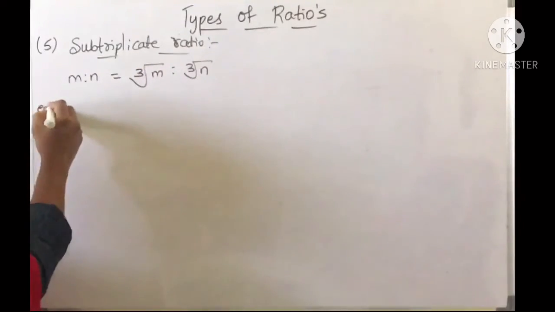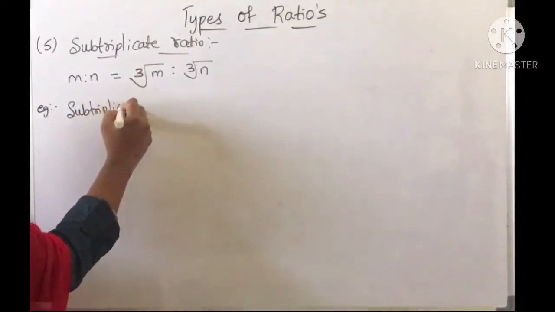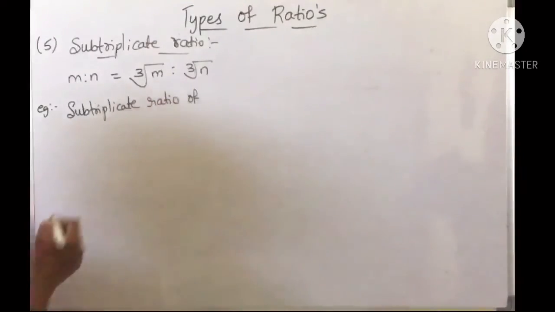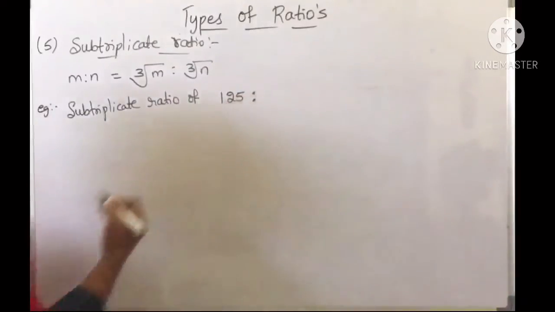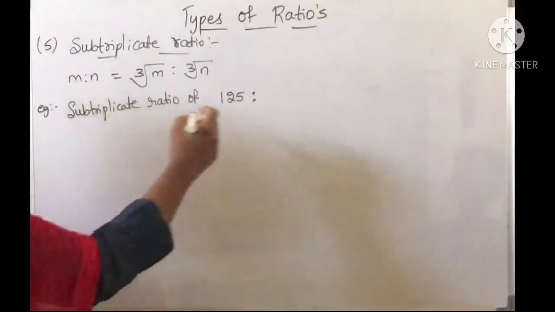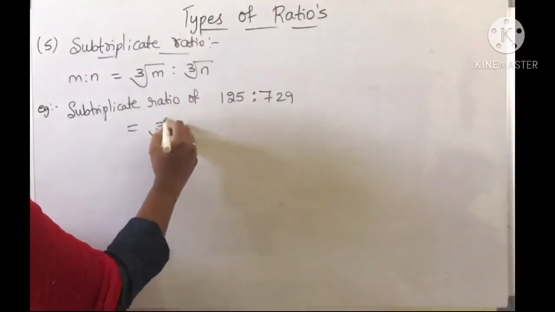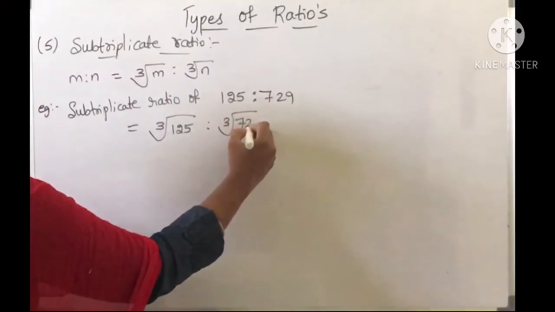If I take an example, the subtriplicate ratio of 125 is to, if I take one more, 729. That is cube root of 125 is to cube root of 729.